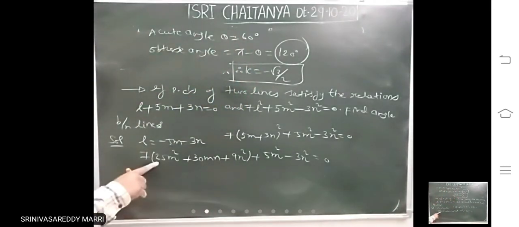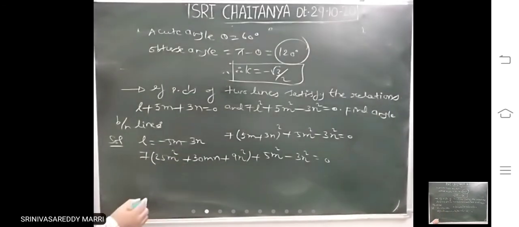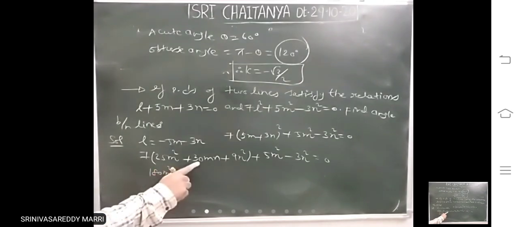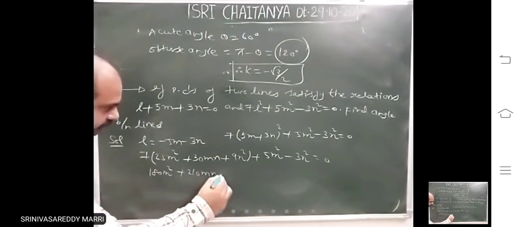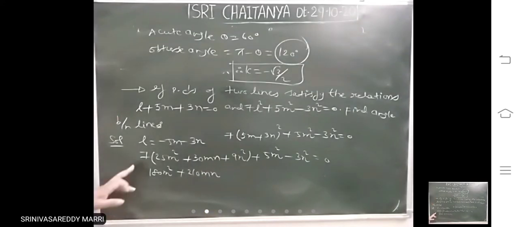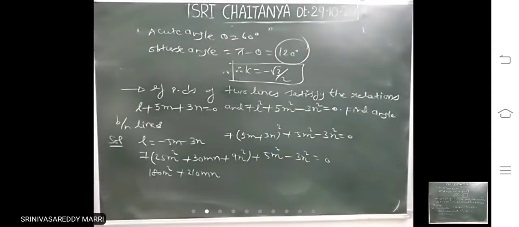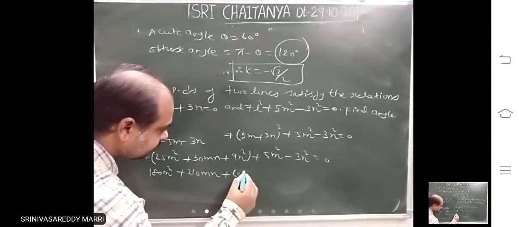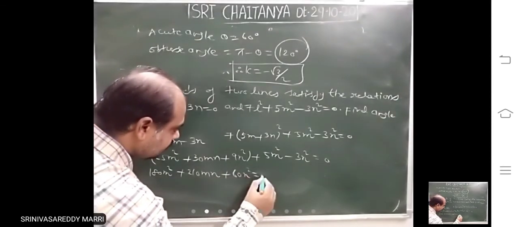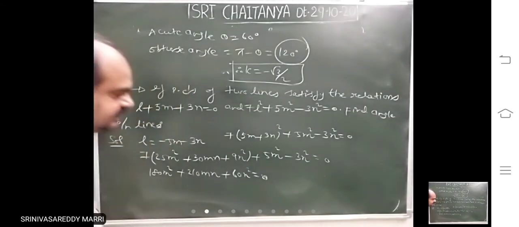Now the m square terms: 7 into 25 is 175, plus 5m square, 180m square. The mn terms: 7 into 30, 210mn. Now the n square term: 63n square minus 3n square, so 60n square.